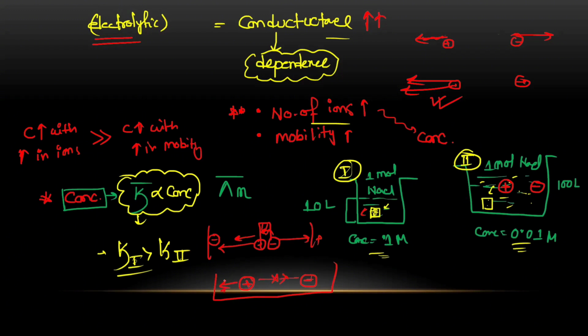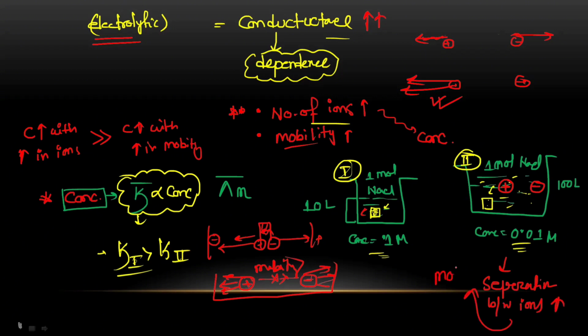So here it will move faster, and mobility will be higher. Mobility higher means conductance higher. That means in dilute solution, separation between ions is high, so mobility is high, which means lambda m is high. So in dilute solution lambda m is high.